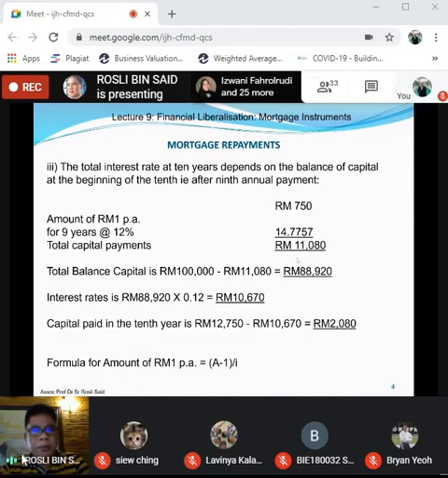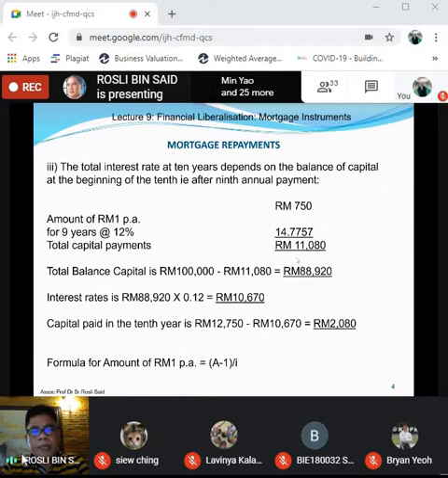So now the total interest at 10 years depends on the balance of capital at the beginning of the 10th year. That means after the 9th annual payment. So basically, the figure that we are supposed to get here should come from year 9.